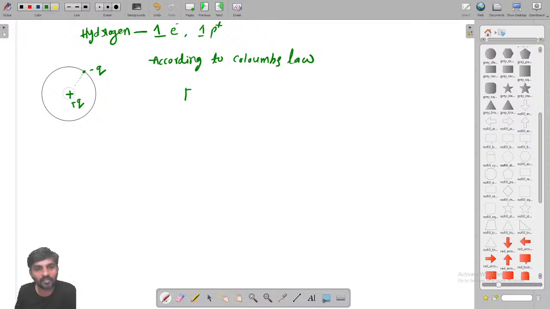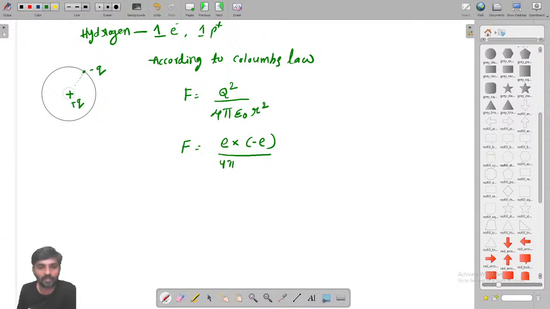So what is Coulomb's law? F is equal to Q square by 4 pi epsilon naught into R square. We have one positive charge and one negative charge, plus Q and minus Q. So F is equal to E, the positive charge, times minus E, by 4 pi epsilon naught into R square.